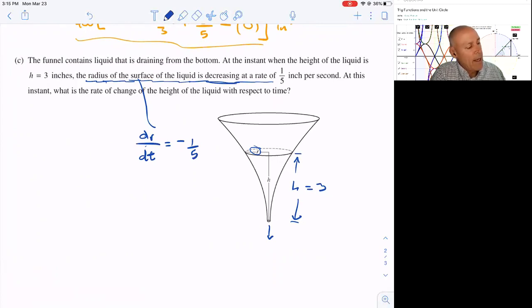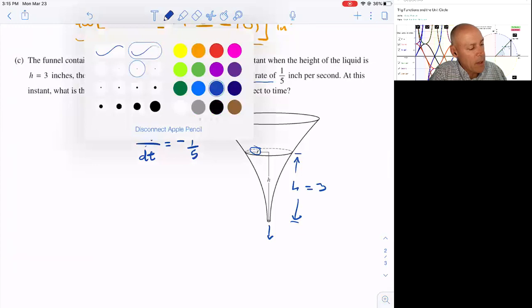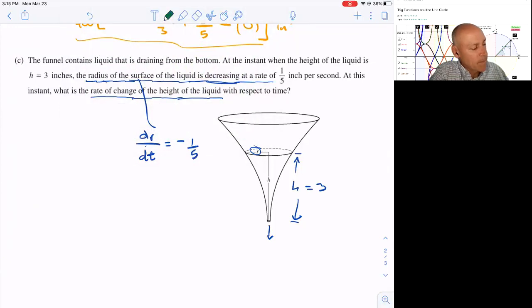And then if I keep reading, at this instant, what is the rate of change of the height of the liquid with respect to time? So what I'm asked to find in this problem is the rate of change of the height of the liquid, and the calculus notation for that is dh/dt, the height with respect to time.